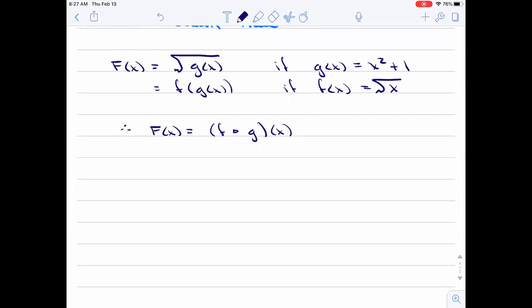And you've got the chain rule on your handout. It's got the official version.